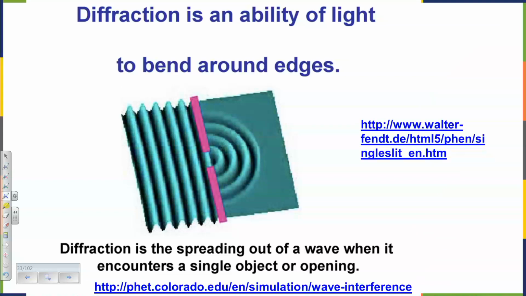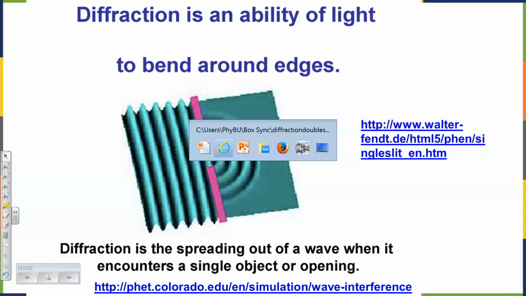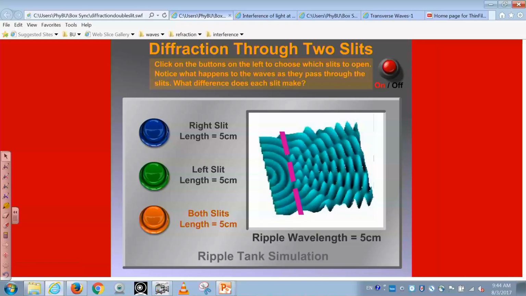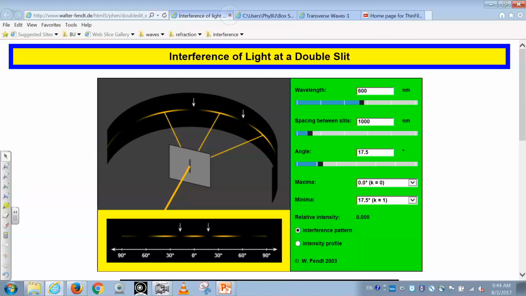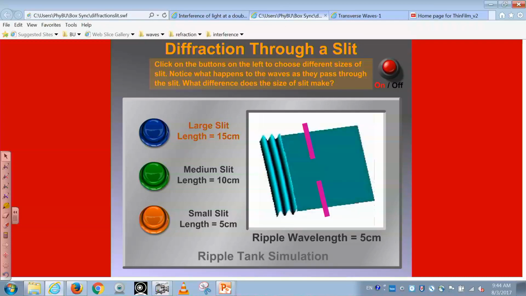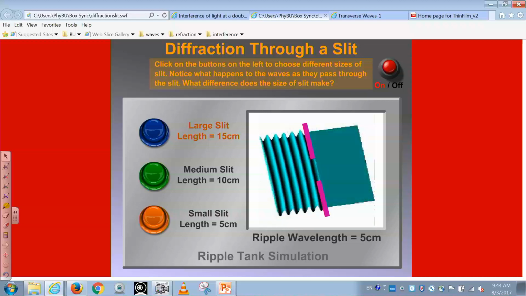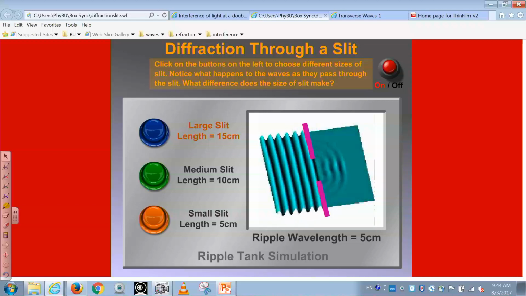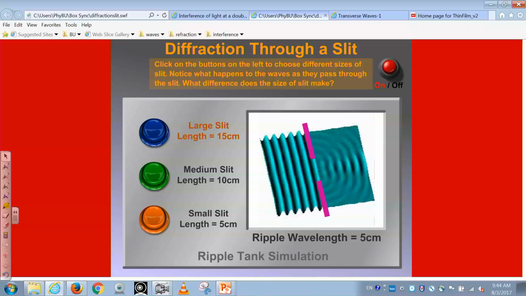Now we're going to talk about another type of interference. A single slit interference. So close this. Do this. This is a model of a very common experiment for waves generated on the surface of water.